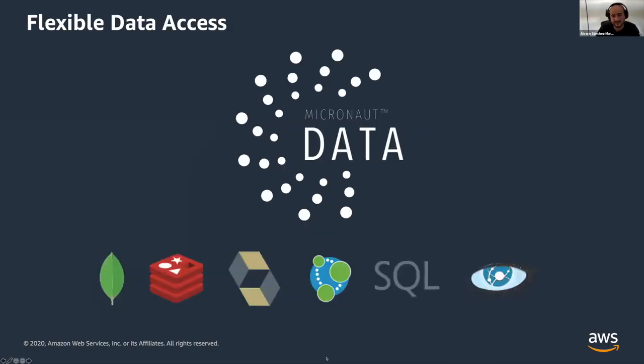In terms of data access, you can use different options. One is Micronaut Data. Micronaut Data is the data access solution for Micronaut applications. And Micronaut Data follows the same principle as Micronaut, in which you implement repositories, and you can use JPA. But unlike other implementations, like for instance Hibernate, in Micronaut Data there is no reflection at all.